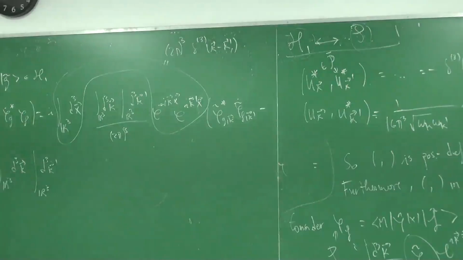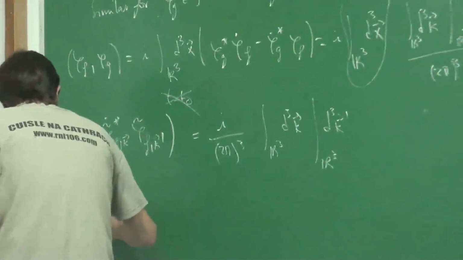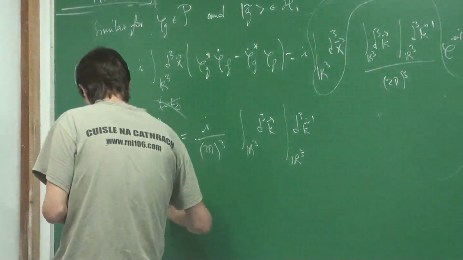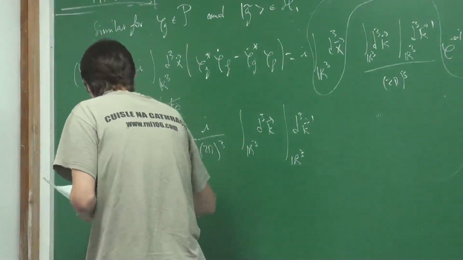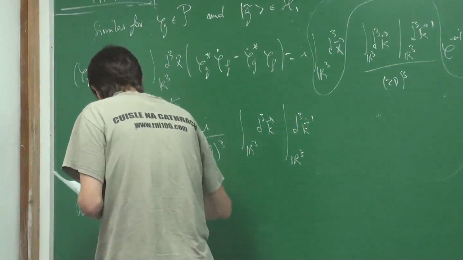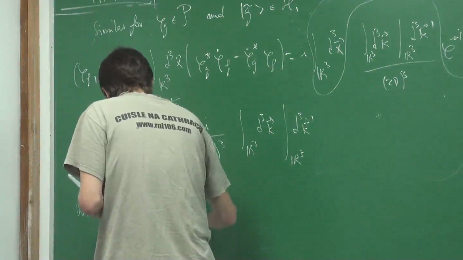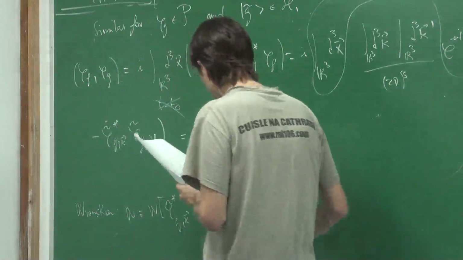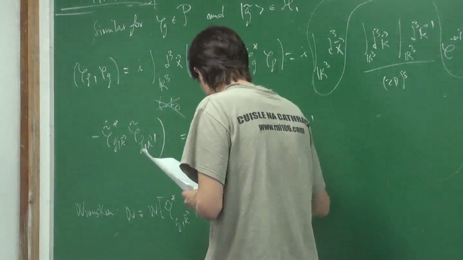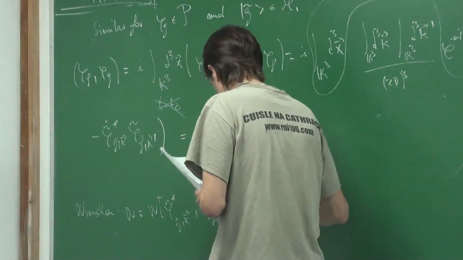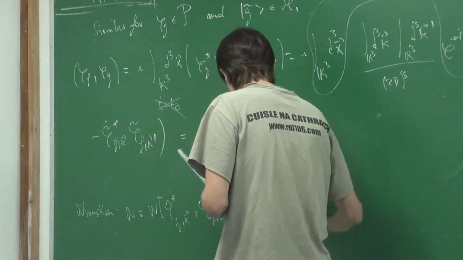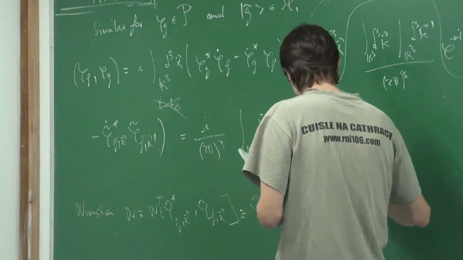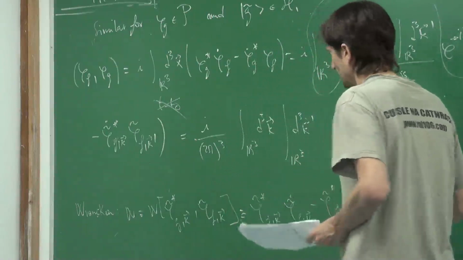So the Wronskian between two specific solutions, phi star g and phi f.